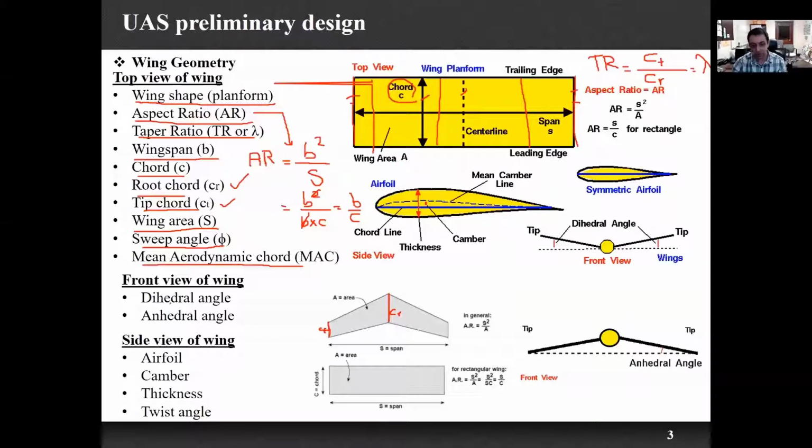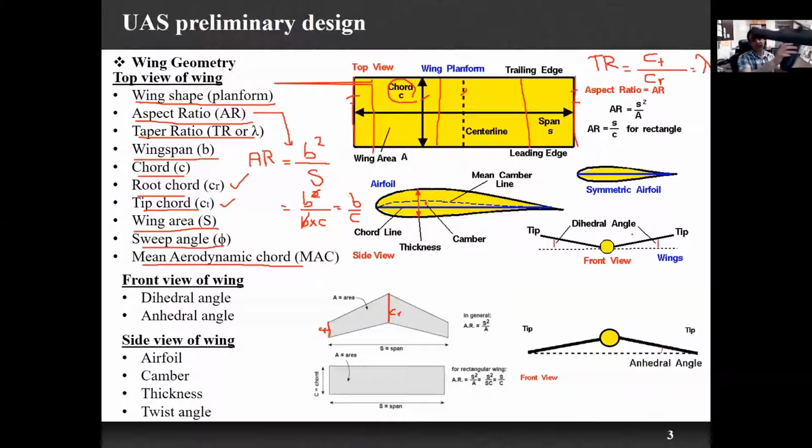So now if we look at the front view of the wing, let's see what we will see. We have the dihedral angle and we have the anhedral angle. Imagine that this is your airplane, this is the fuselage, and you are looking at your airplane from the front view.